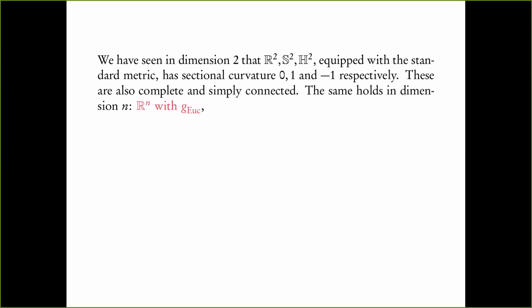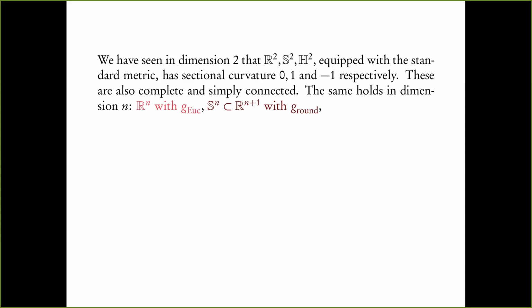So one can ask whether these are true in higher dimensions, whether the analogous models hold in higher dimensions. Well, obviously, in the Rn case, we know it does. Take Rn with the Euclidean metric. That is complete. It is simply connected, and the Riemannian curvature is 0. So all the curvature, sectional, Ricci, everything is 0. Okay. What about Sn? Well, Sn is the same thing.